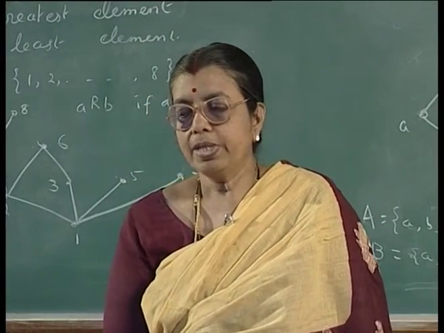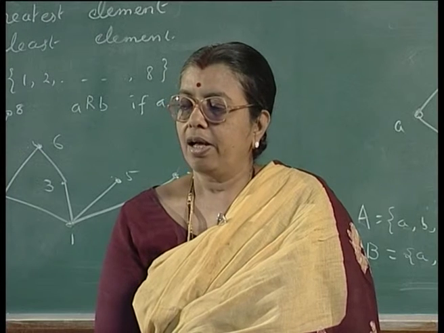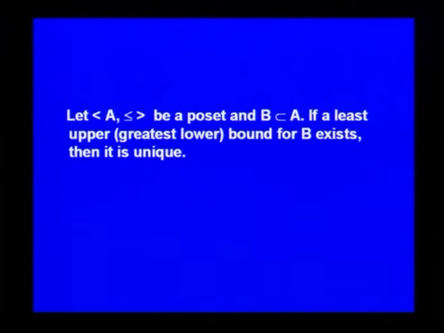Then we can also see the uniqueness of the least upper bound or greatest lower bound, that we can very easily see like this. Suppose you have b and b dash as LUB. Suppose you have two least upper bounds.